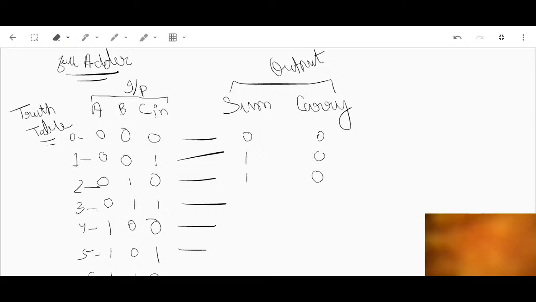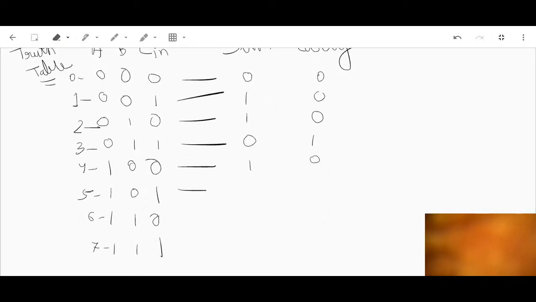And the next input 0, 1, 1. So the output will be 0 and 1. We'll continue till the end. Like here, we just get sum as 1 and the carry output will be 0. Then after that, we just get the 0 in sum and 1 in carry.